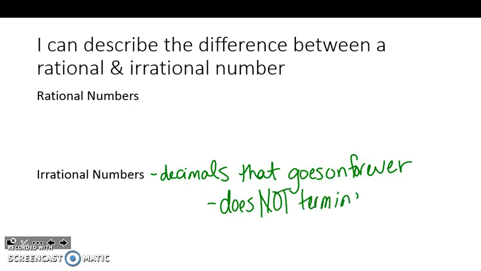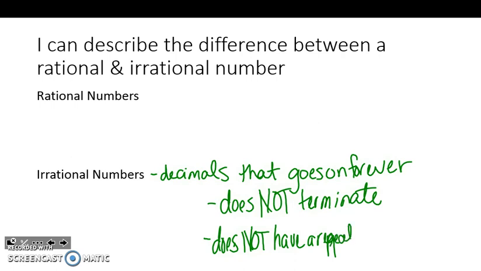We don't see the end of it. And does not have a repeating block of digits. Okay, so if I can't write it with that bar over top saying, hey, this repeats, then it's going to be irrational.